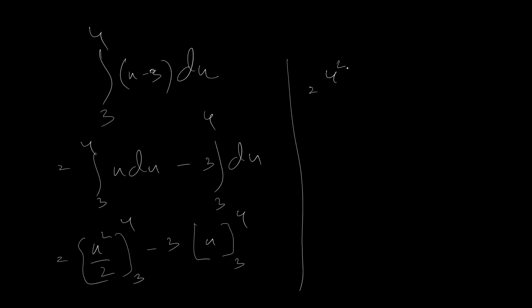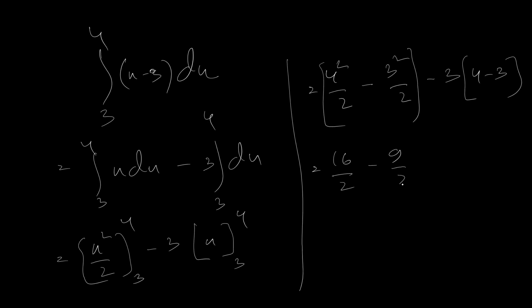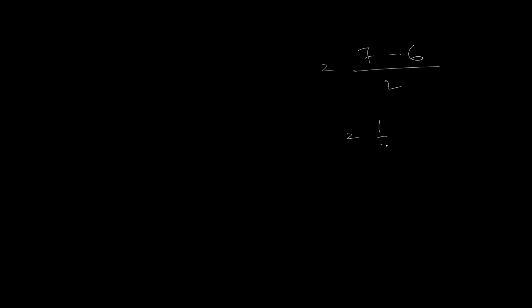So 4 square by 2 minus 3 square by 2, minus 3 times (4 minus 3). So 16 by 2 minus 9 by 2 minus 3, which is 7 by 2 minus 3. Taking the LCM 2, 7 minus 6, so this will be 1 by 2.